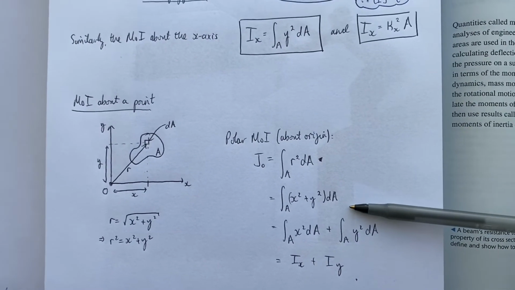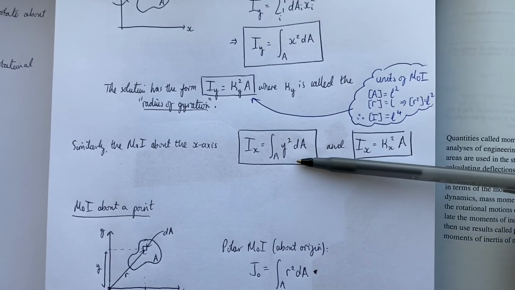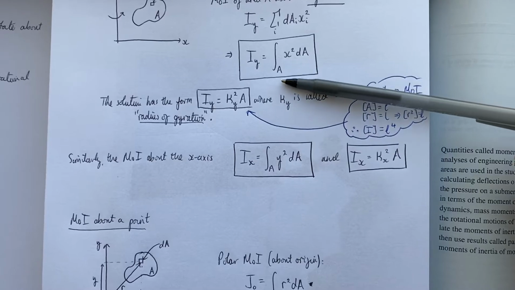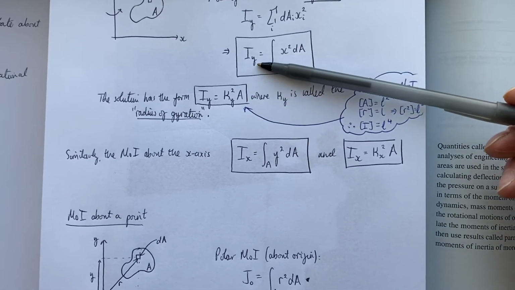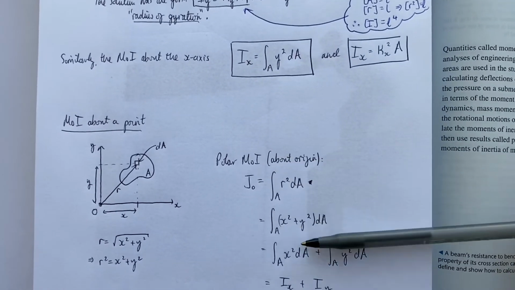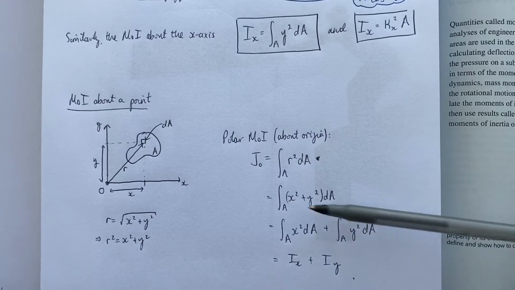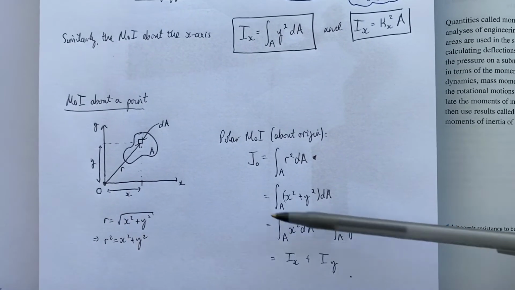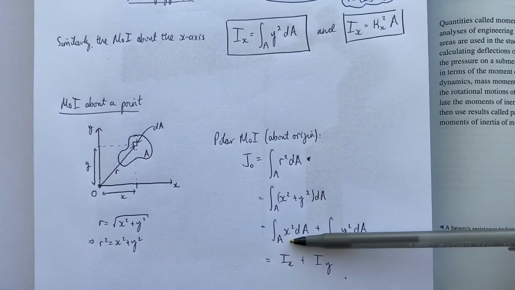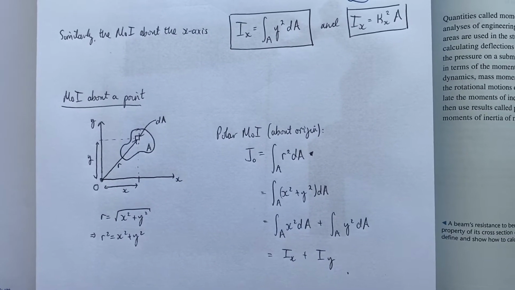Well, we have two separate pieces that are the same as what we had before, right? The moment of inertia about the y-axis and the moment of inertia about the x-axis. So to find the moment of inertia about the origin, we just find the moment of inertia about the x-axis and the moment of inertia about the y-axis and add them together.